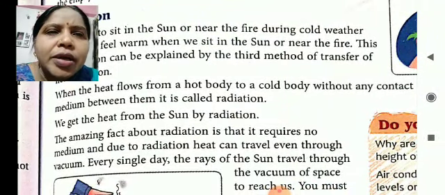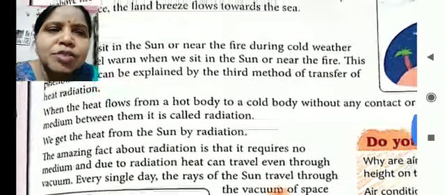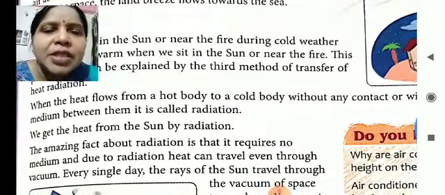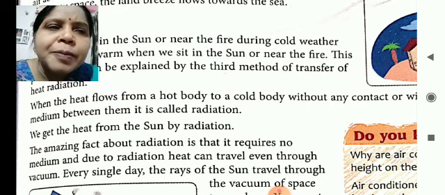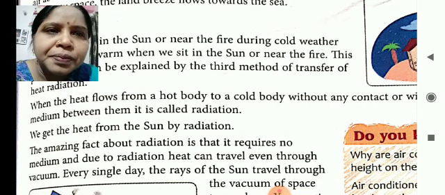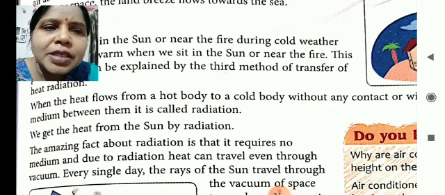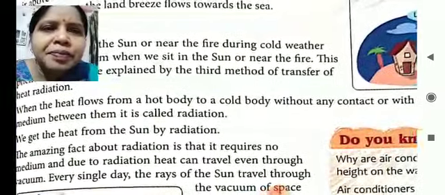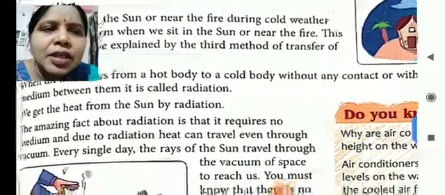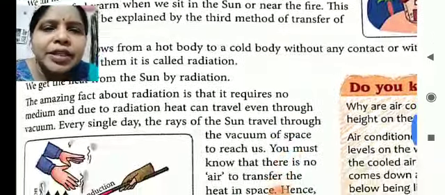It can take place in the presence of a medium and also in the absence of a medium, that means in vacuum. The example is the sun rays which come from space to the earth. This is due to radiation.